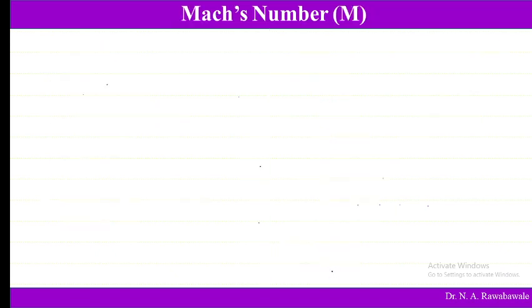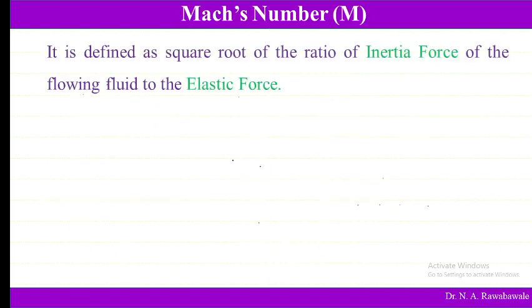Next dimensionless number is Mach number. This Mach number is again defined as the square root of the ratio of inertia force of the flowing fluid to elastic force.